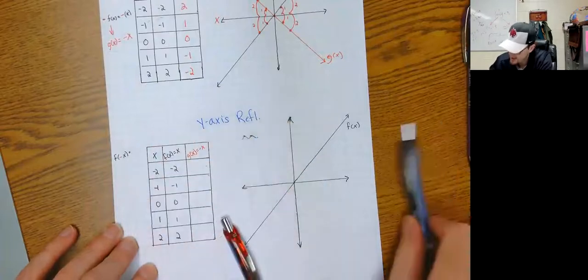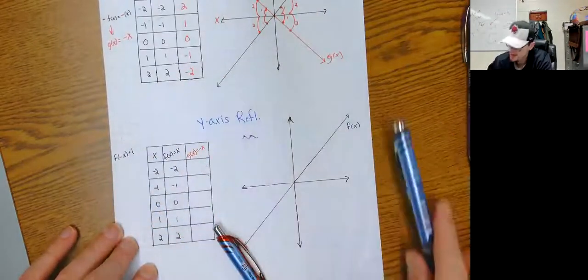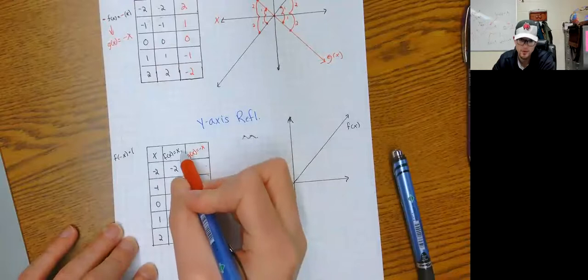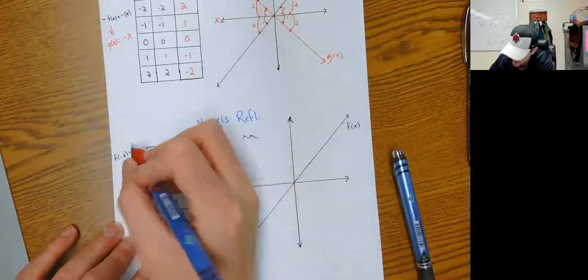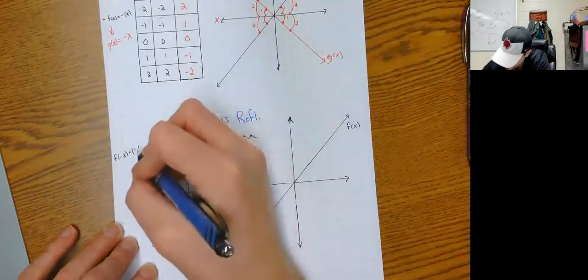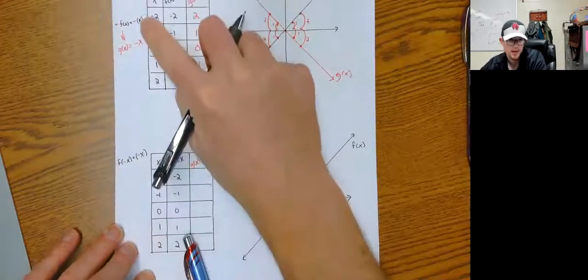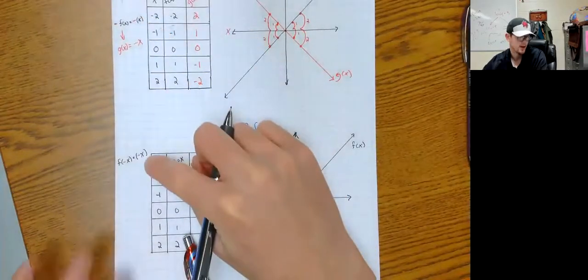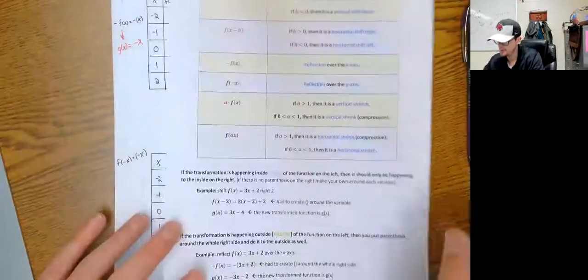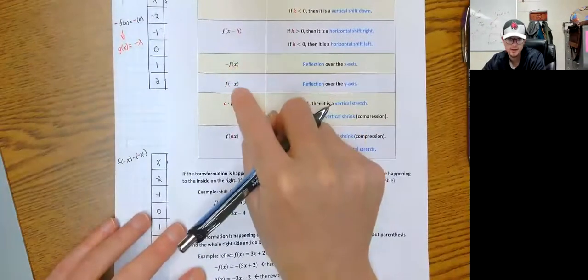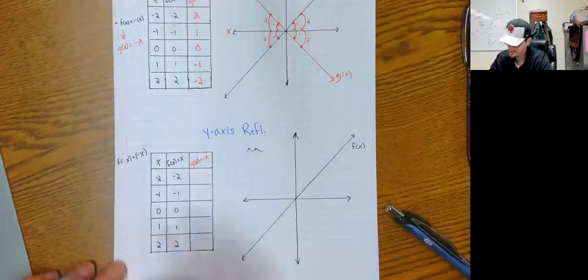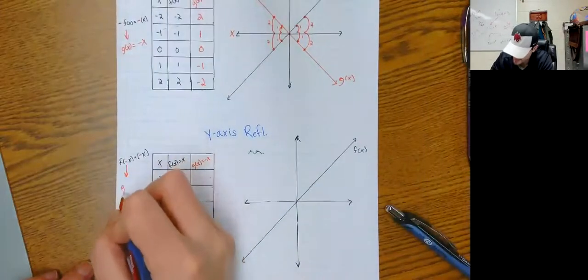So when I put parentheses around the input, the variable, which is x, then I get it there. Last time it was on the outside, now it's on the inside. Okay, I've just transformed f of x, so now it's g of x.